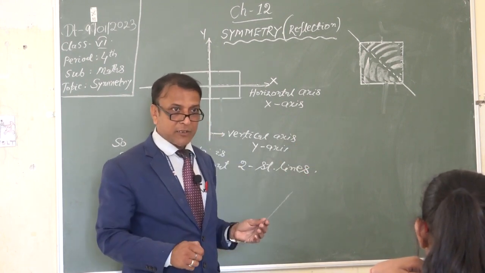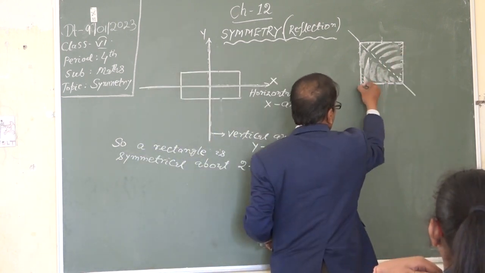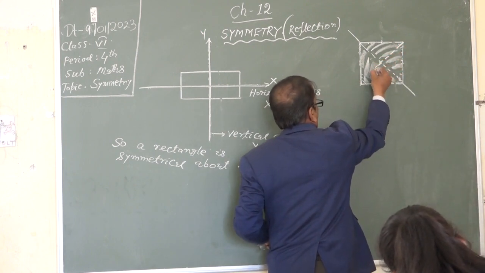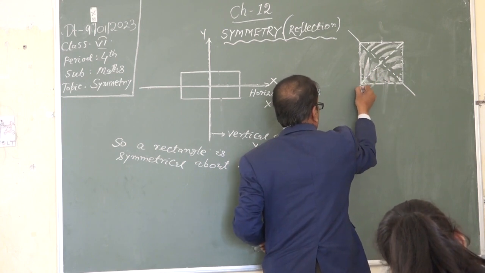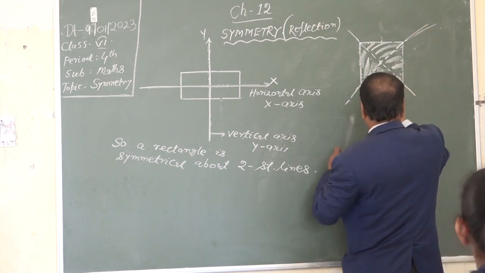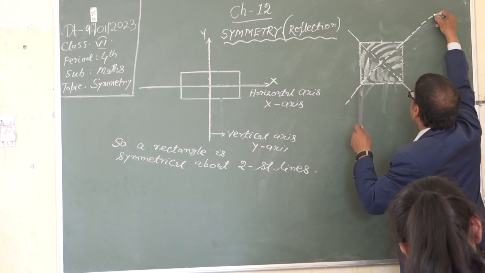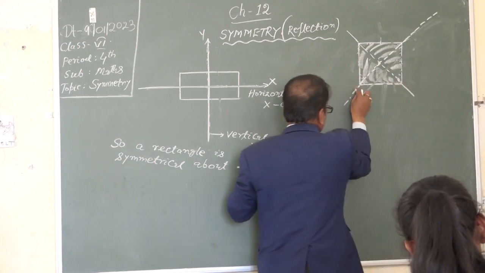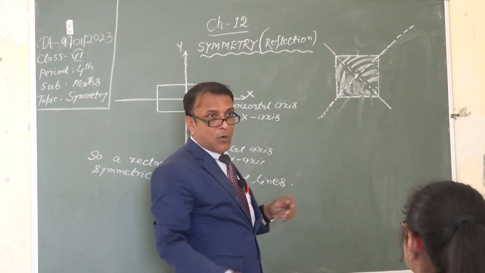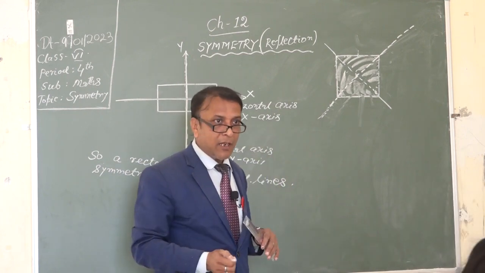So how many did you get? 3. Another: similarly, you join this one to this one, and if you draw a line, then this will also be another line which can make two equal halves of this square. ये भी एक लाइन होगा, वो भी पूरा स्क्वायर को it can make into two equal halves.